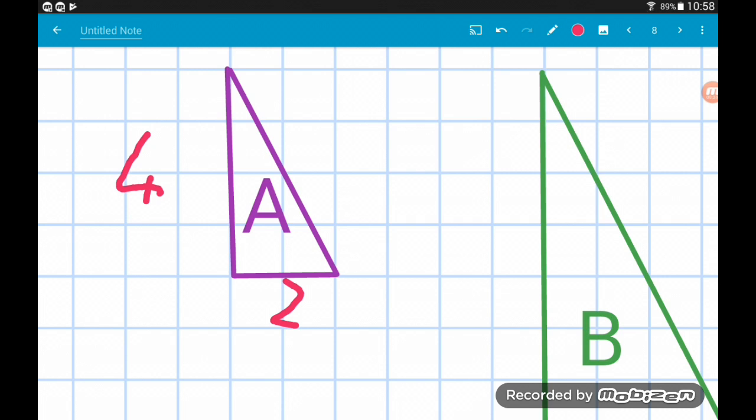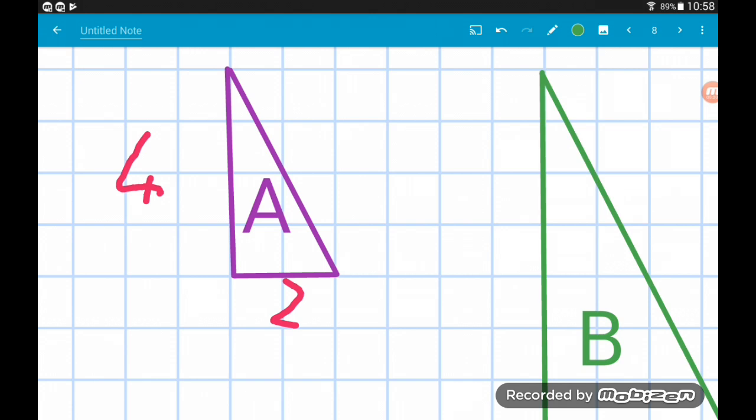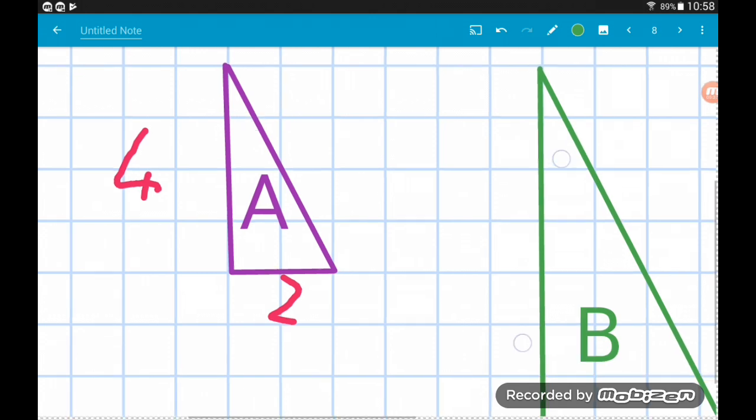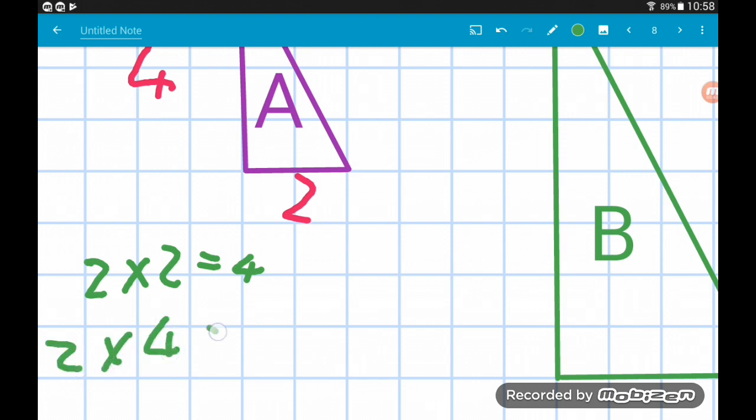So all that we need to do with these 2 lengths that we've got, we multiply them by 2. So 2 times 2 is 4, and 2 times 4 is 8. So our enlarged triangle is going to have a height of 8 and a base length of 4.